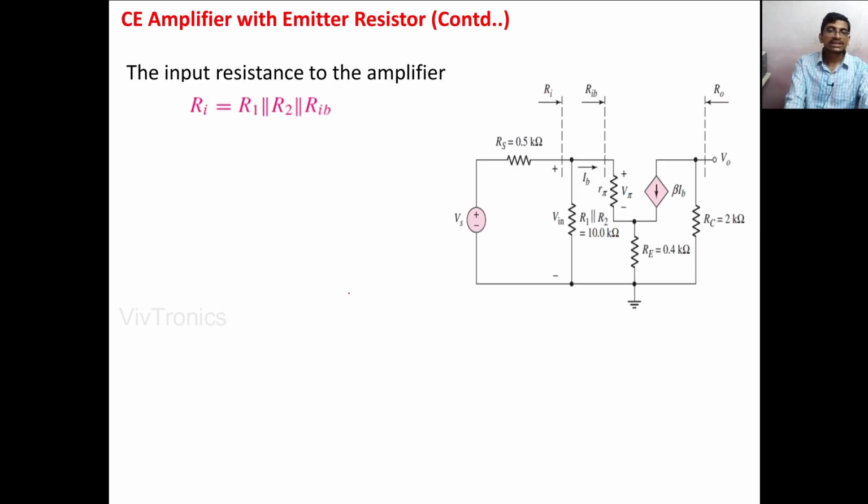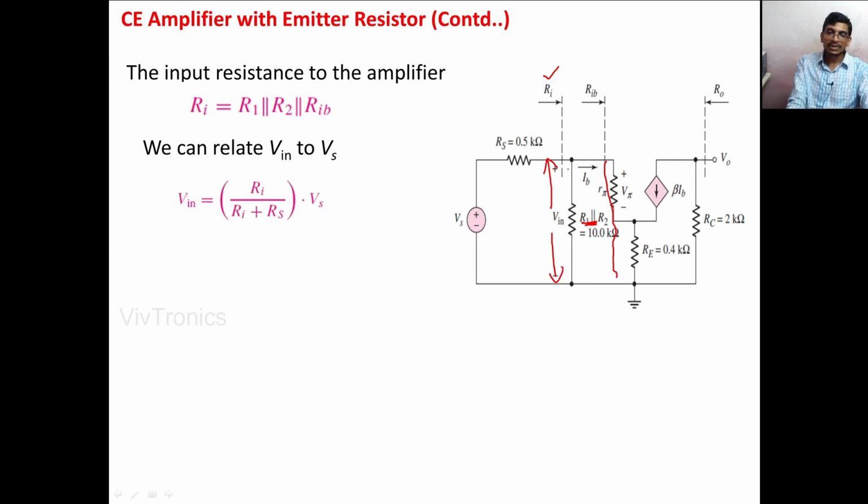The input resistance to the amplifier Ri, the total input resistance including the biasing resistance, is the parallel combination of Rib with the R1 parallel R2 resistance. Therefore Ri is equal to R1 parallel R2 in parallel with the total input resistance Rib. Therefore, we can relate the Vi in to Vs like here.